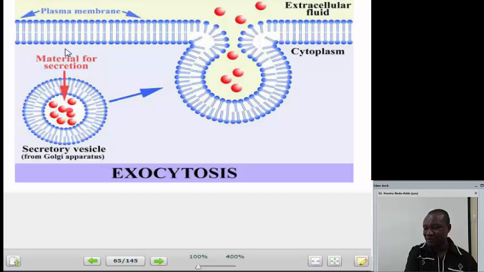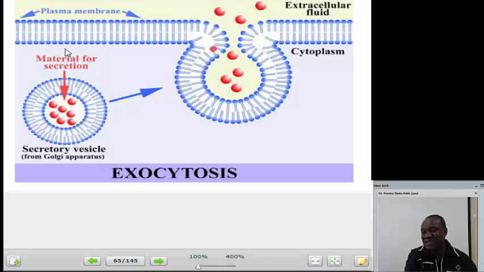Now, this chart portrays exocytosis. The content, let's say the hormone, the transmitter or enzyme that needs to be released or secreted, will be packaged in vesicles.